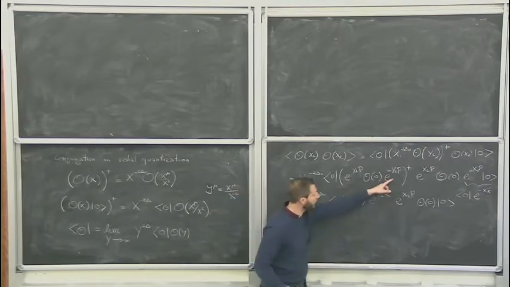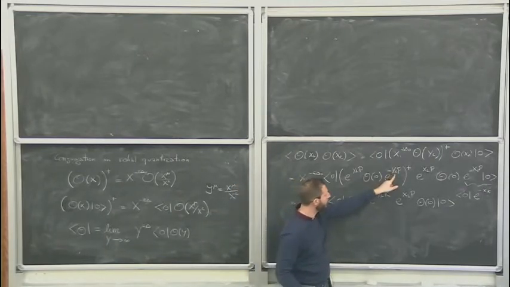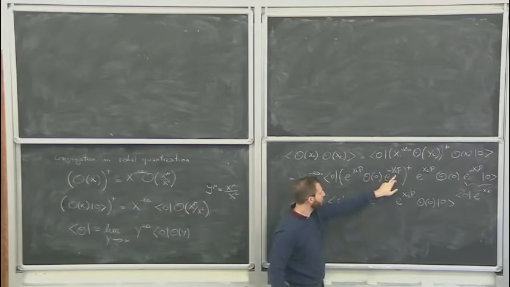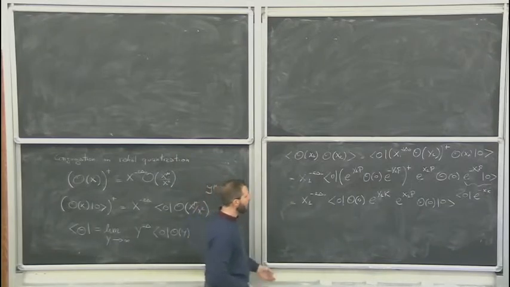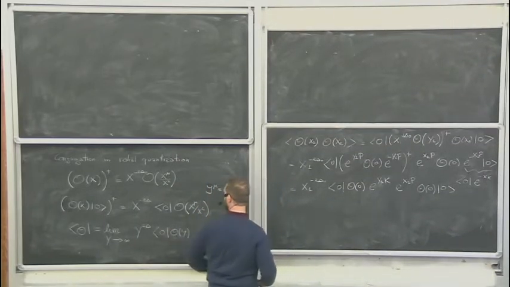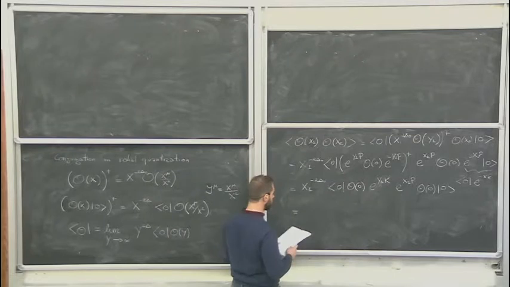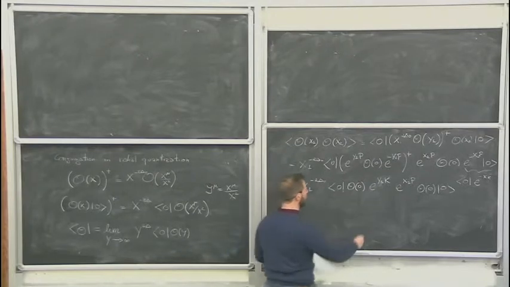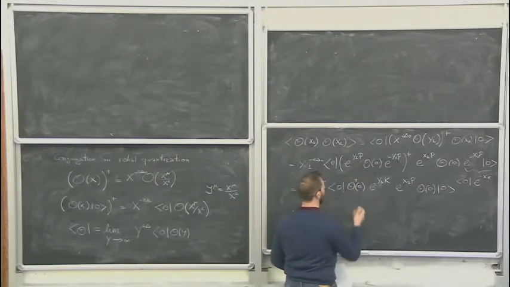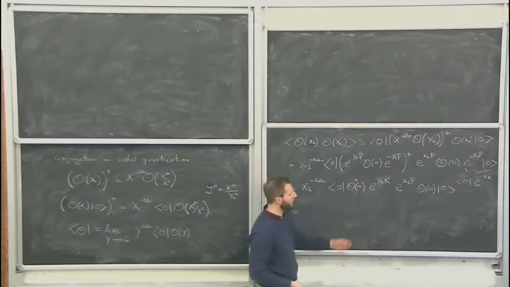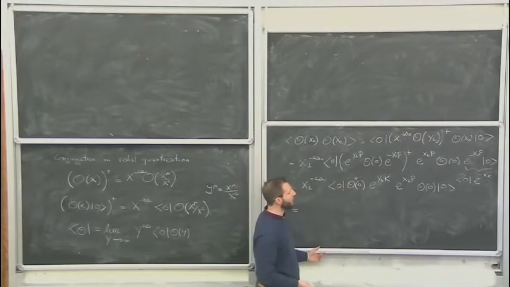And again, I use the fact that the conjugate of P is K, as we said this morning. And so we can use the definition of before and write this quantity here as, sorry, in principle there should be a dagger, but let's take O Hermitian when inserted at 0.